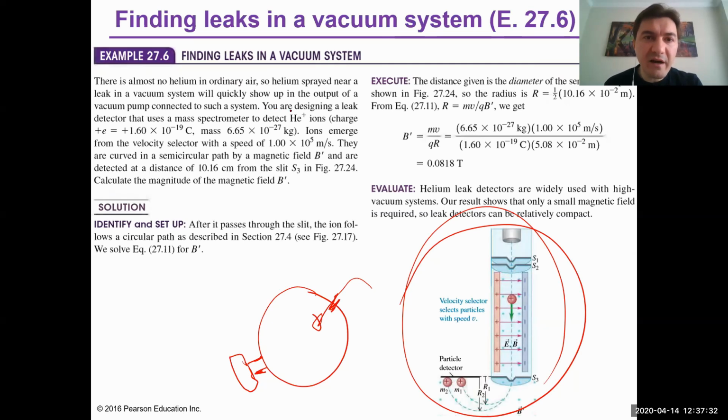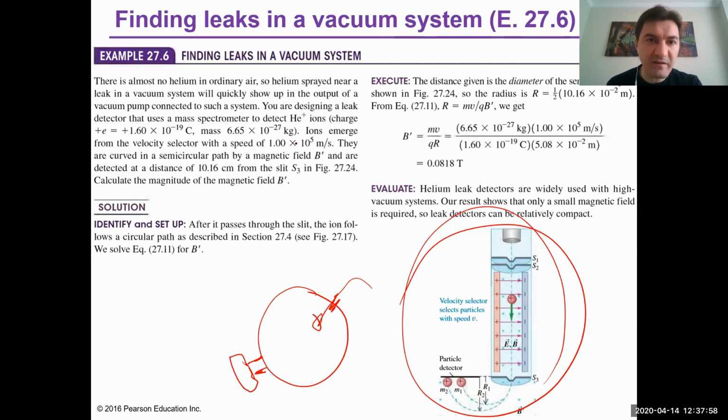So you are designing a leak detector that uses a mass spectrometer to detect helium plus ions, positively charged helium ions. And charge is given here, mass is given here. Ions emerge from the velocity selector with a speed of 1 × 10^5 meter per second, the speed of the helium ions here, which is given.